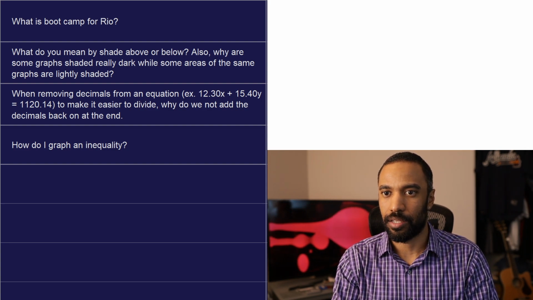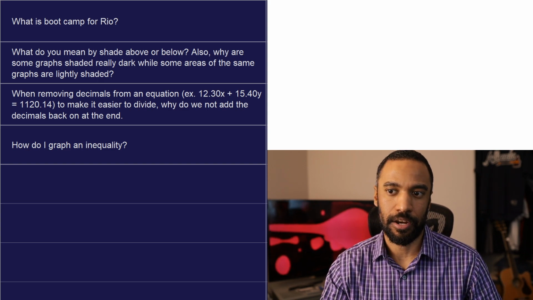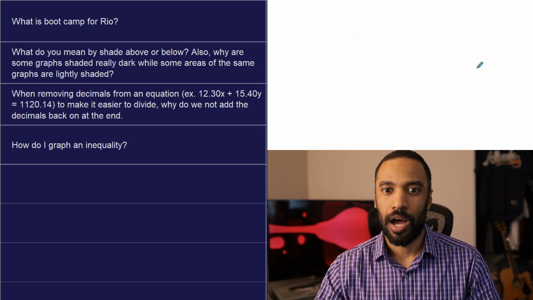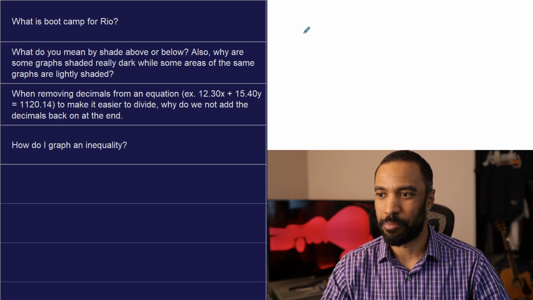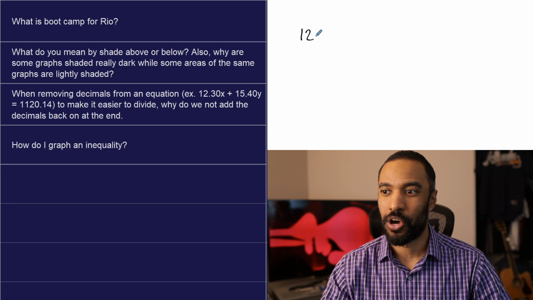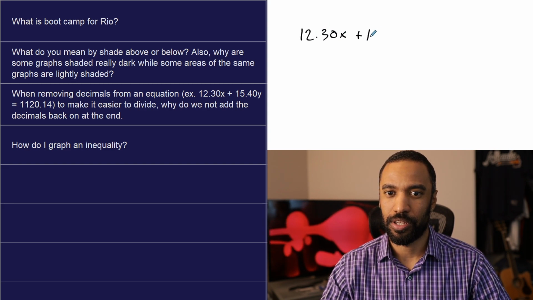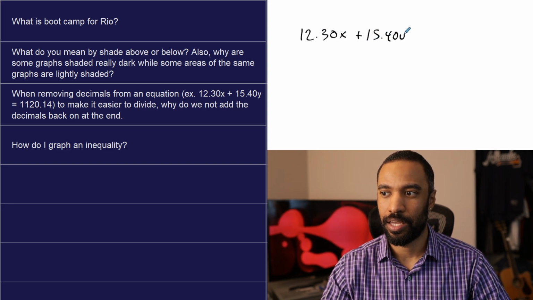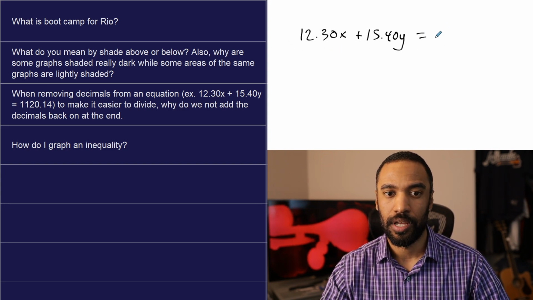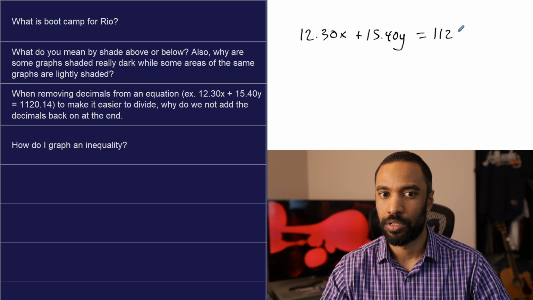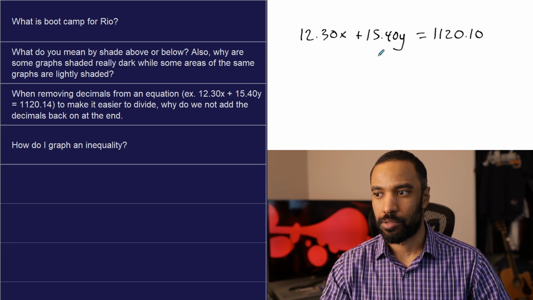Let me write this. I know this is just a random example. I'm going to change your example a little bit, though, because I'm going to change the 1120.14 to 1120.10. Let's do money.